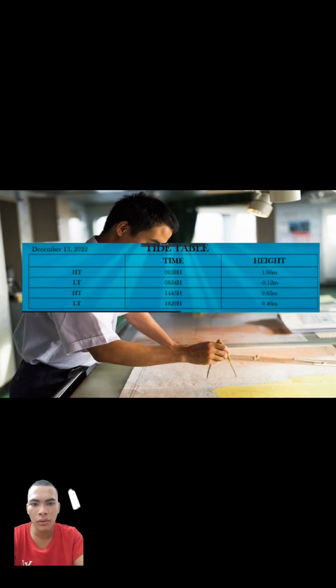Now we are going to get the height of tide by using the tide table of December 13, 2022. We have the times 00:58 hours, 08:34 hours, 14:45 hours, and 18:29 hours.